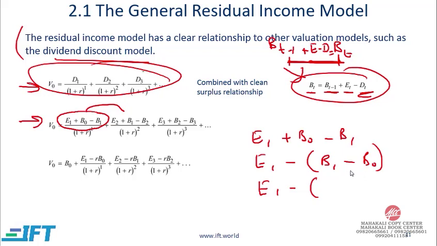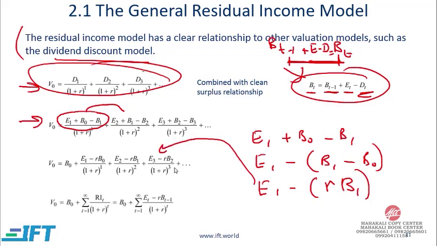So the change in book value is simply the required return times the book value at the start of the period. So using this, we then plug in and get this expression. And this then is nothing but residual income.